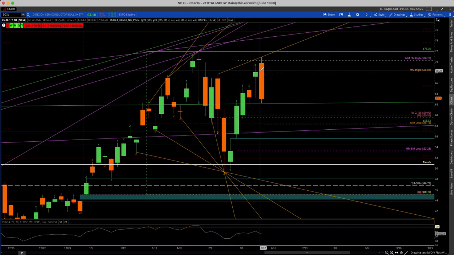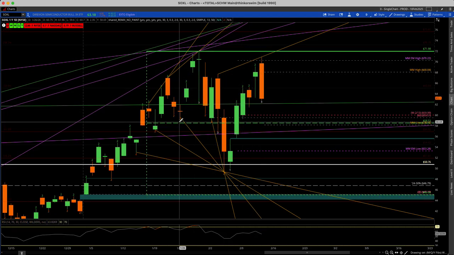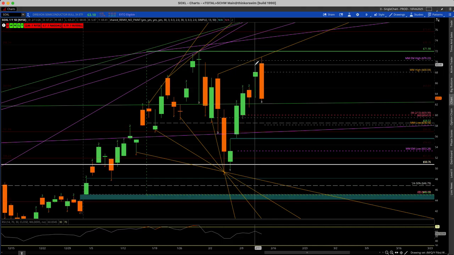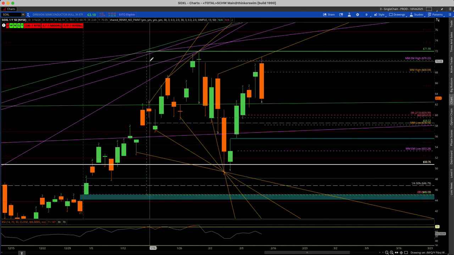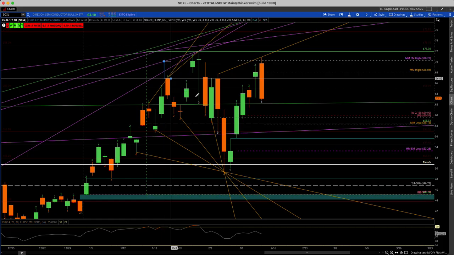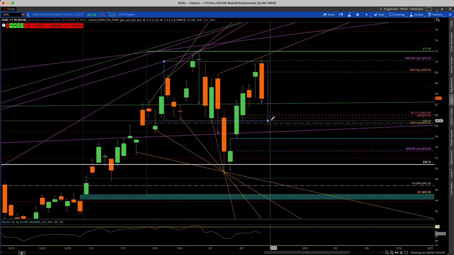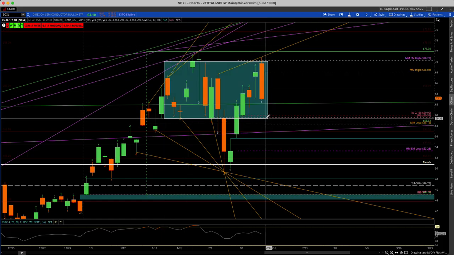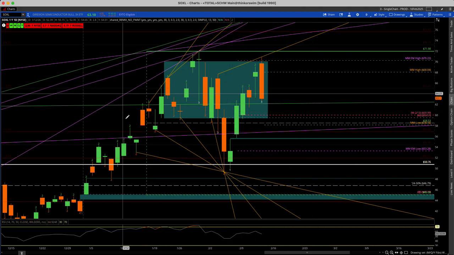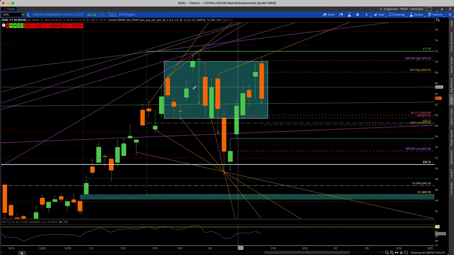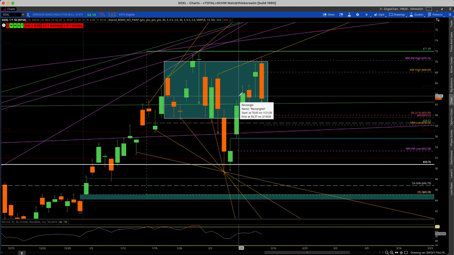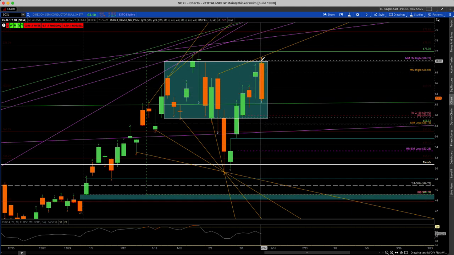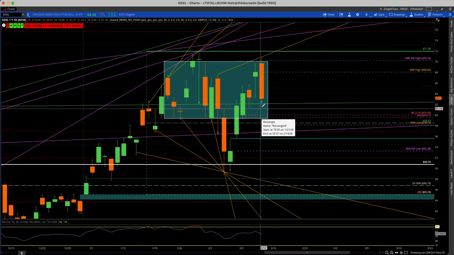I'm not saying that we're going to drop back to the bottom of the range. I mean, heck, we kind of did today just in one day. Let's pull up a block. If we're looking at this right here as being the range, something like that, it's not exact, but if that's the range we've been in for the past few weeks, other than the quick dip down and pop back up into the range, we kind of made that move from the top to the bottom almost already in one day.